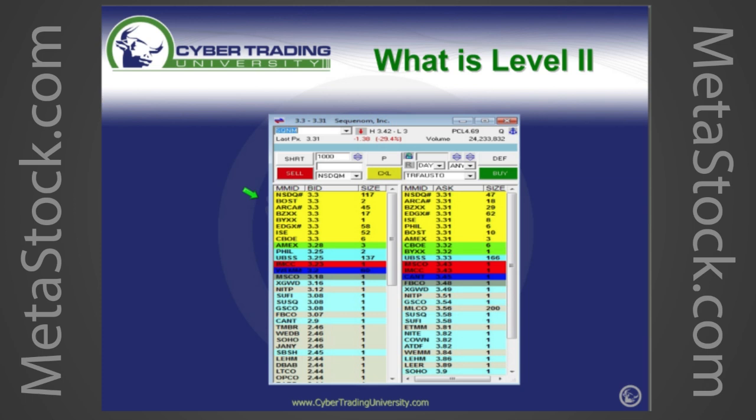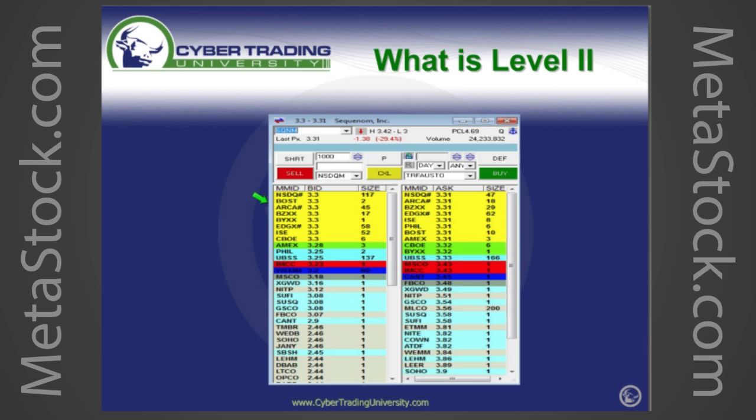All right. So let me educate some of the people who don't know, because when I get to level 3, you're going to see what an advantage there is going to be. Level 2 is basically going to show you all the market makers that are buying and all the market makers that are selling the stock. Right now, we're looking at a stock, SQNM.